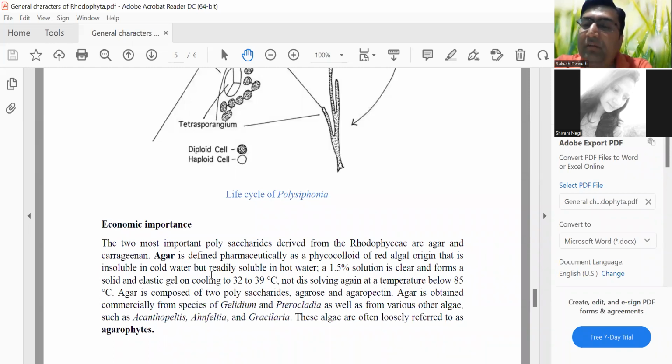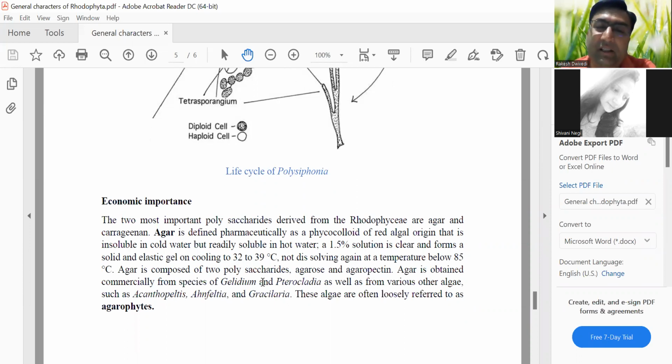If you want to dissolve agar into cold water, it will not dissolve. But if you boil the water and or raise the temperature of the water up to 60 to 80 degrees centigrade, then in such hot water, agar will readily dissolve. And after cooling, it forms gel-like structure at 32 to 39 degrees centigrade.